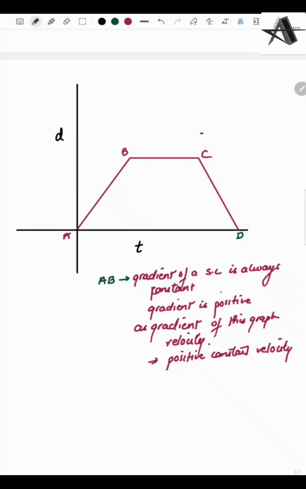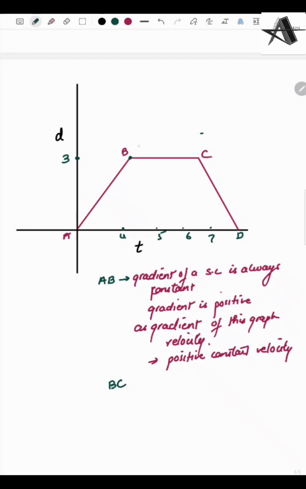Now from B to C, if I pick this point, this point, this point, and calculate the gradient, you will get a gradient of 0. Sometimes a student gets confused, so you can do it either way. First of all, suppose this is 3 here, and this is 4, 5, 6, 7.